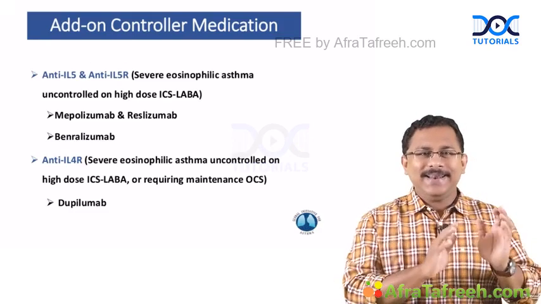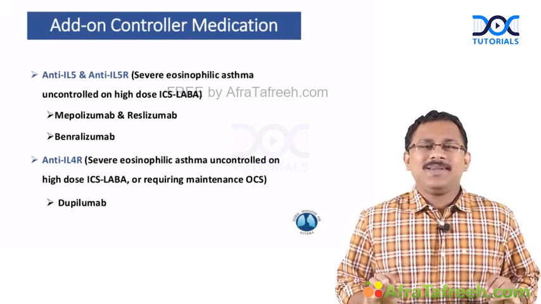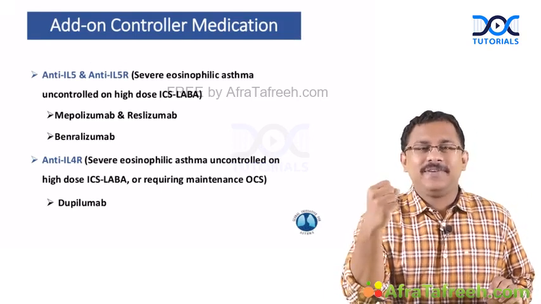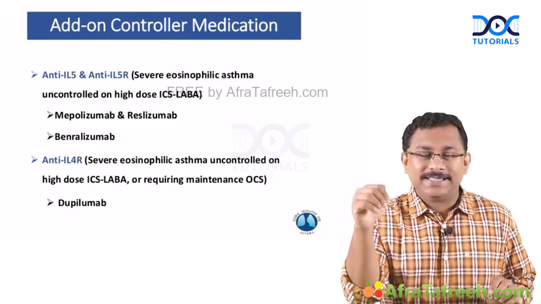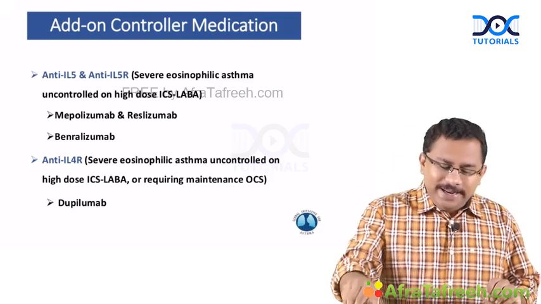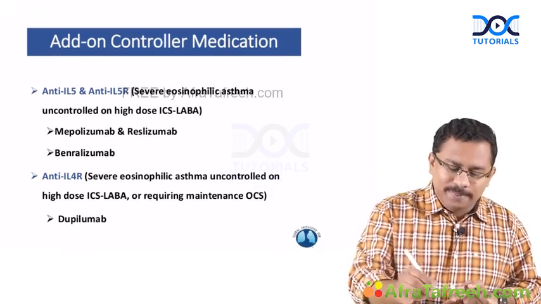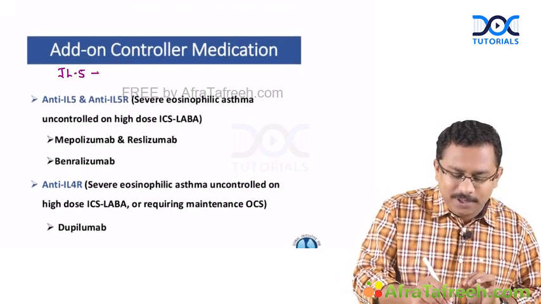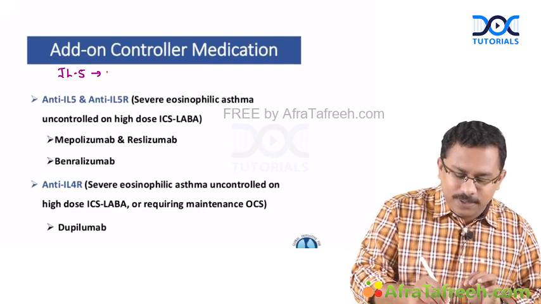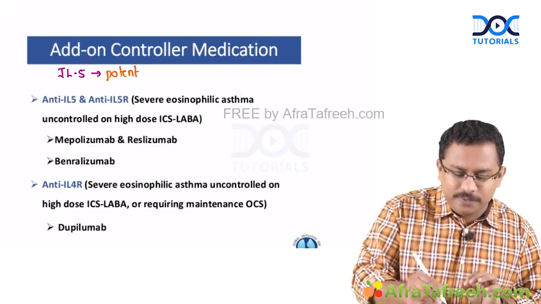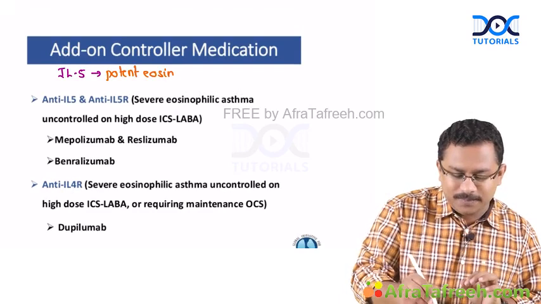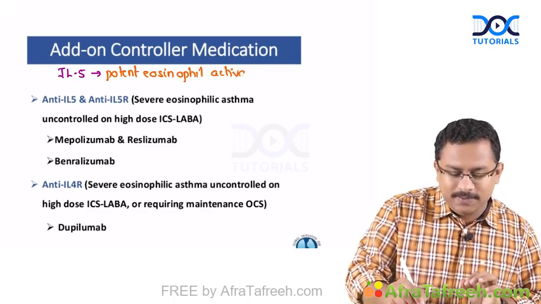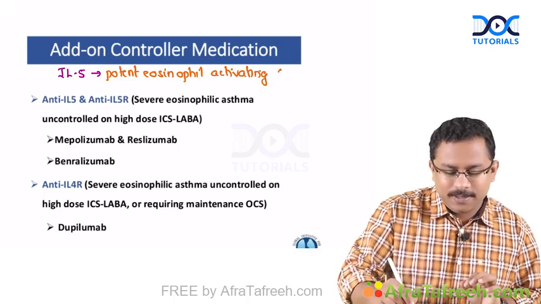So other than the anti-IgE, we have antibodies against interleukin 5 as well as interleukin 5 receptor. So one very interesting fact that you should know about interleukin 5 is that this interleukin 5 is a very, very potent eosinophil activating cytokine.